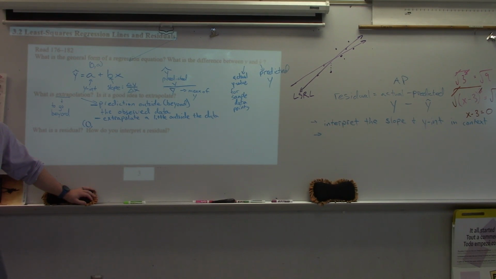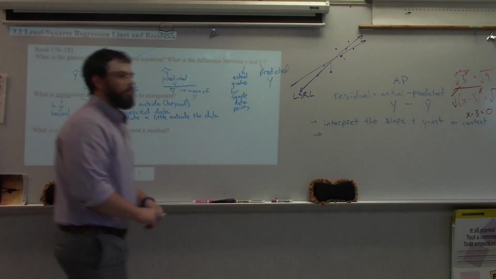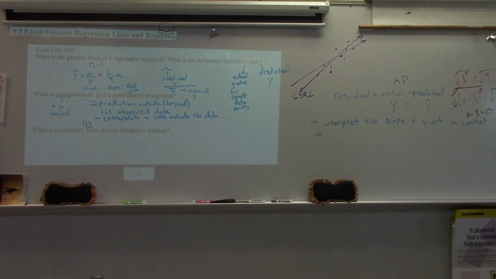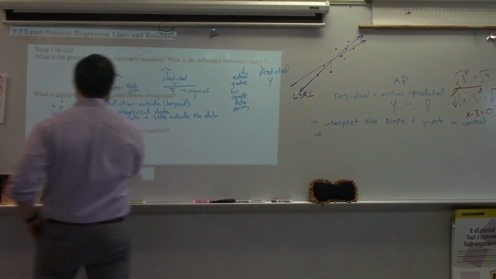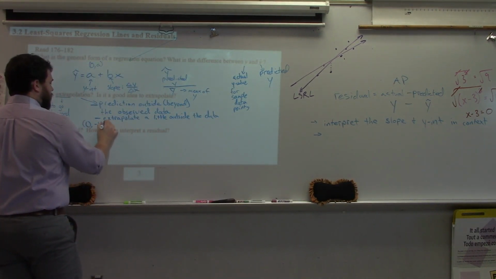Guys, where do you see your prediction line? It should be y hat equals. It should have been on the right-hand side where we wrote our slope and y-intercept. What was it? Negative 454. It was negative 400 something. Oh, it's right here.